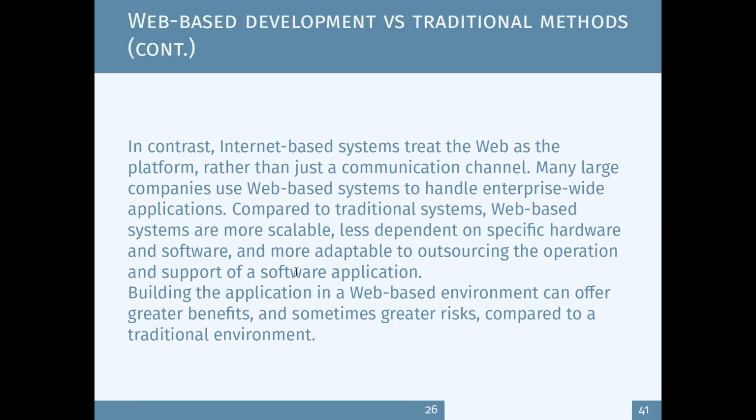In many companies, you can see they offer web-based systems that handle enterprise-wide applications. Compared to traditional systems, web-based systems are more scalable, less dependent on specific hardware and software, and more adaptable to outsourcing the operation and support of the software application.